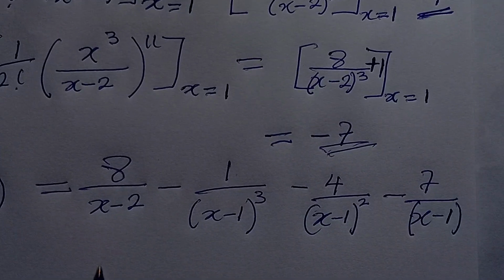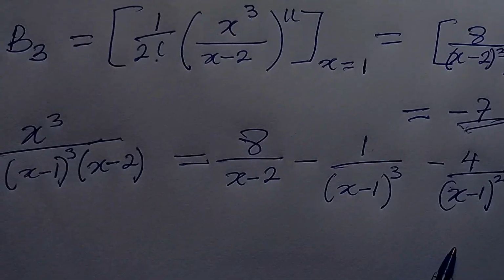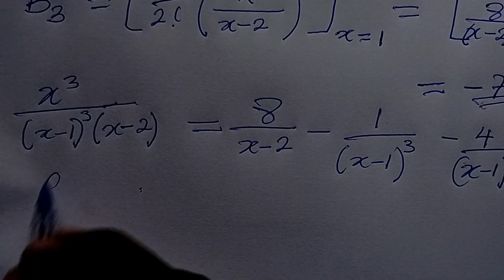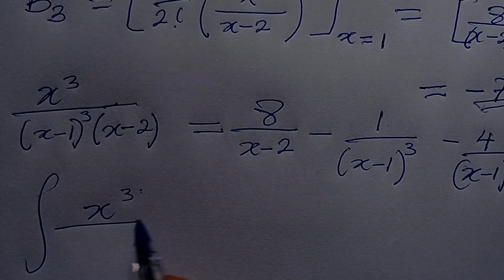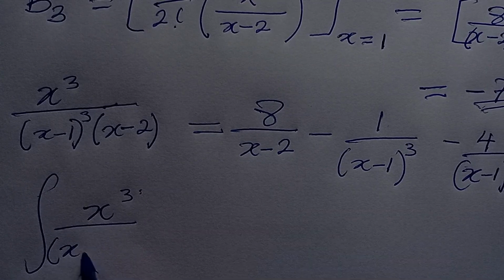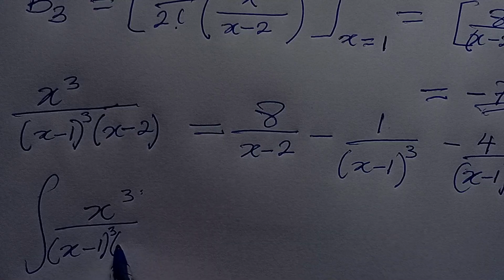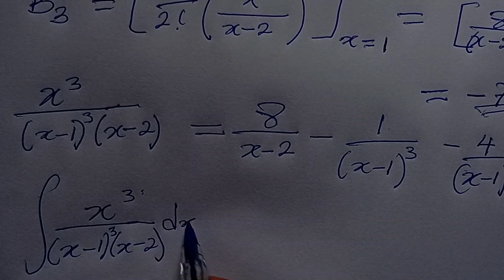All right, so we can now go ahead to integrate this. If we integrate everything here, then we're going to have our answer. So we have here the integral of x to the power of 3 all over bracket x minus 1 close bracket raised to power 3, then x minus 2 close bracket, dx.